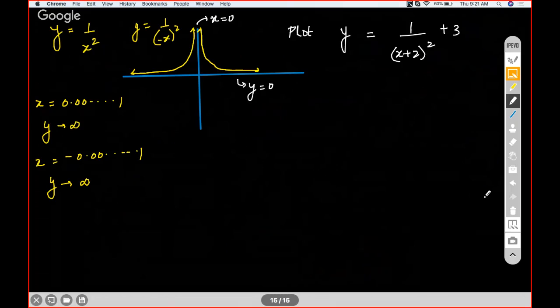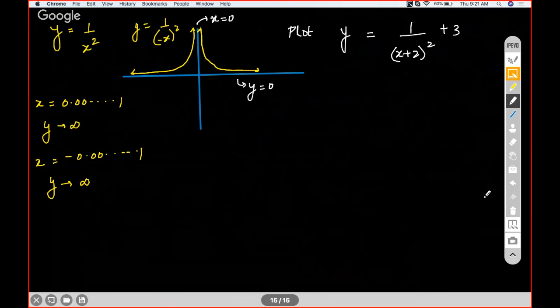y equals 1 by (x plus 2) whole square plus 3. So here, the asymptote for y will move up by 3 units.